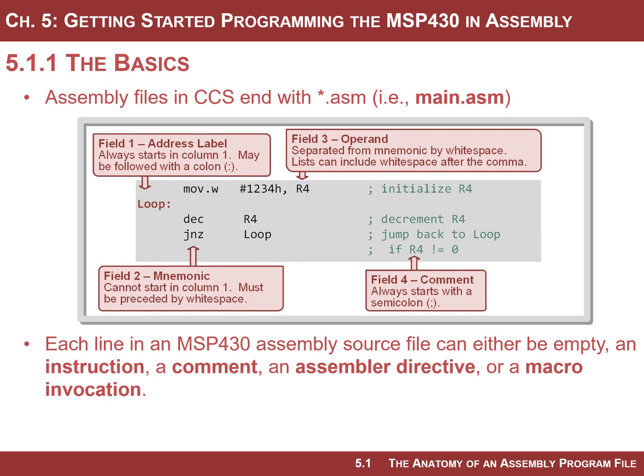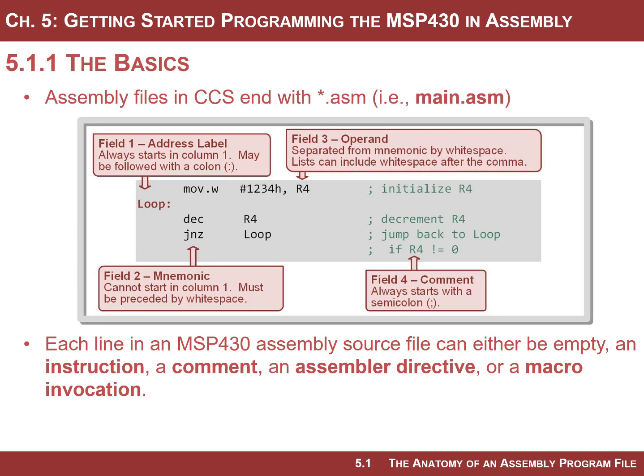Every line in the assembly source file can obviously be empty, but anything that isn't empty can either be an instruction line, a comment line, an assembler directive, or a macro invocation. We specifically care about the first three of these: instruction statements, comments, and assembler directives.